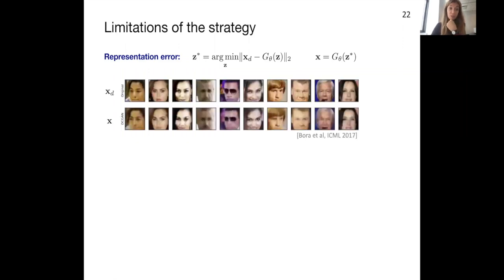And the answer is that, for example, with this DCGAN, no, there is a substantial representation error. Here you have the original images, whereas here you have the images reconstructed by the GAN, and you can see that even though the GAN had all the information to reconstruct the images, it was not able to do so perfectly. So there is a substantial representation error in those deep generative models.